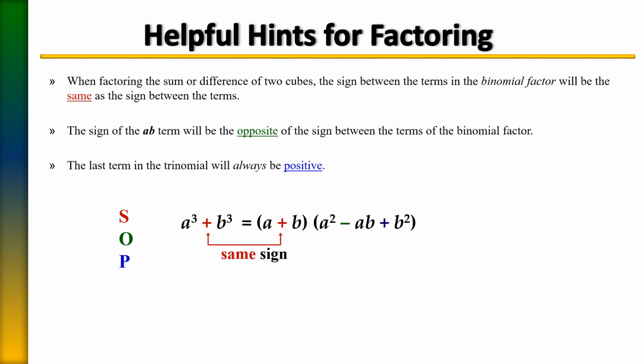The next sign will be the opposite of what the original sum of cubes is. And the last sign will always be positive. So again, in a sum of cubes, your signs are SOP, same, opposite, positive.